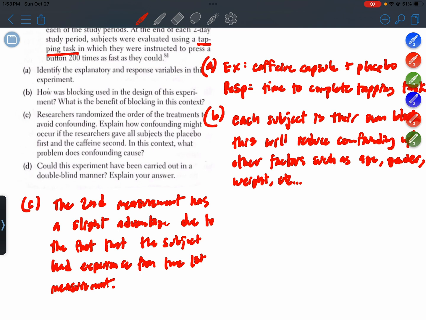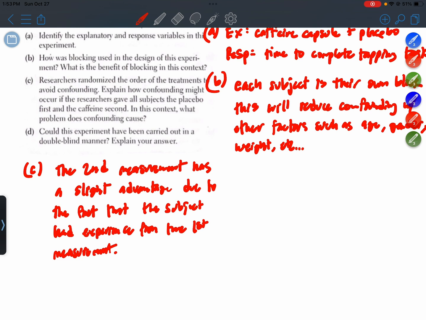Okay. So the confounding occurs because now if there is an improvement, we don't know if it's because of the caffeine or because of the experience.